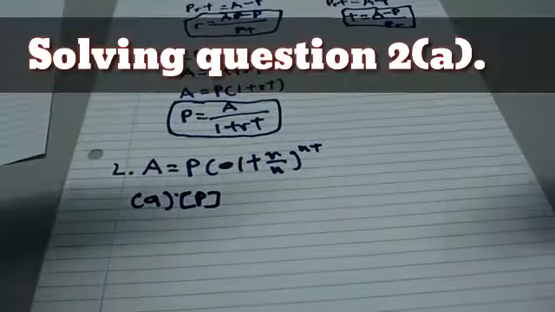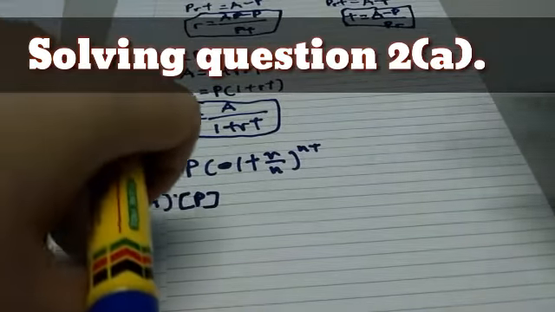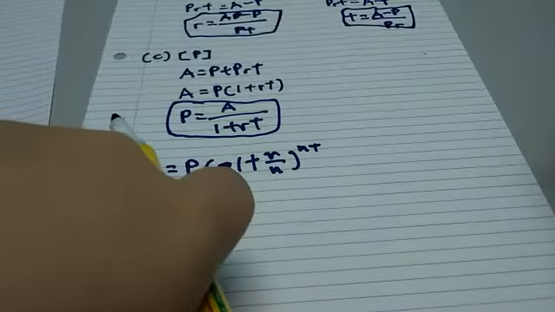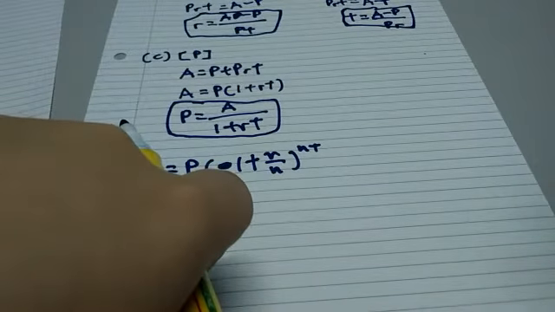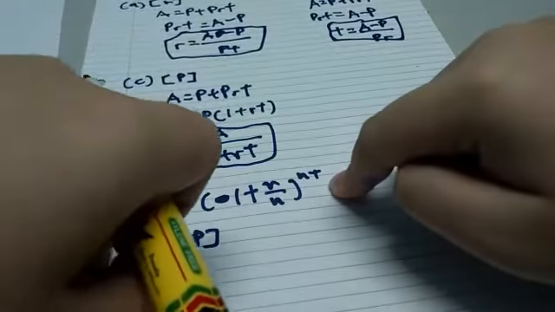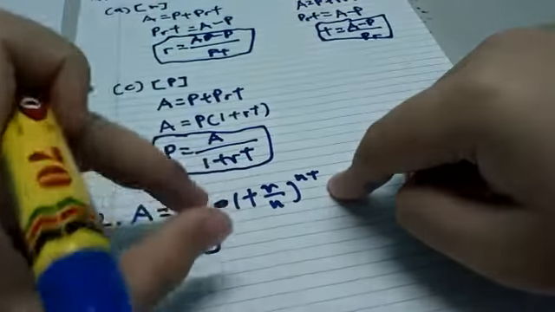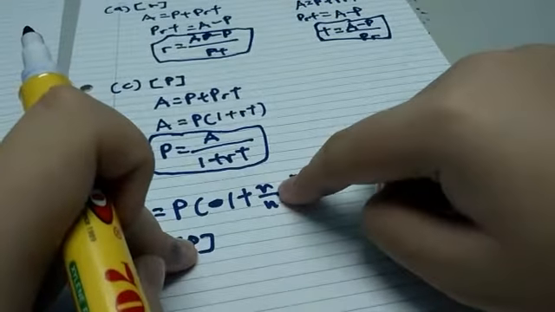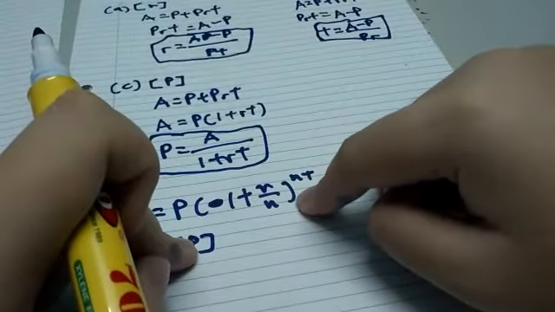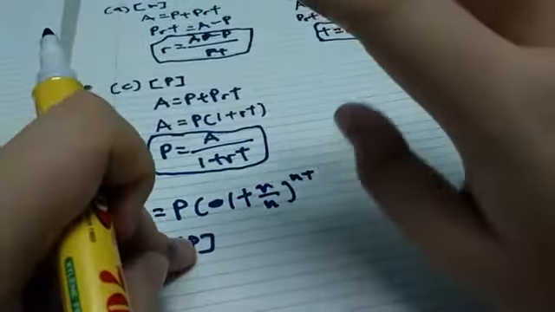So let's solve question number 2 and question number A. Well, here's something that I want to tell you. The simple interest is much easier than this, because you see something like this, and then I have the P here, and I have R, then T. And I tell you, it is most likely impossible to express.